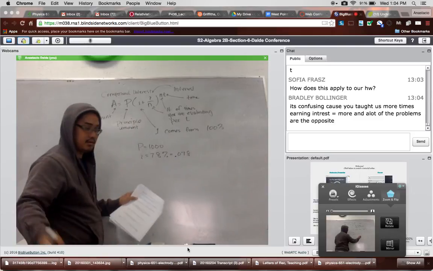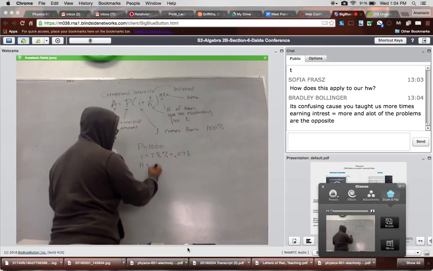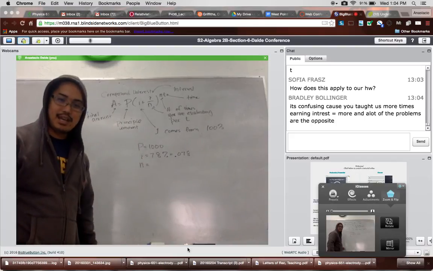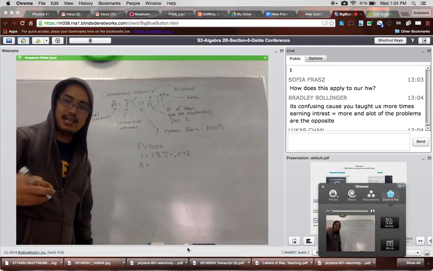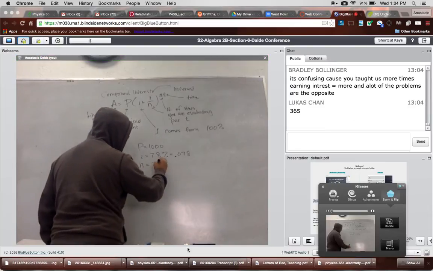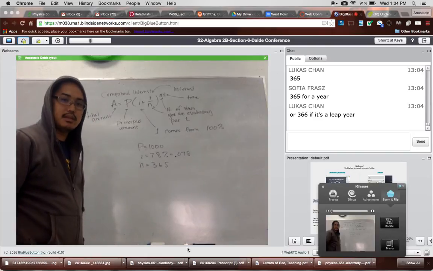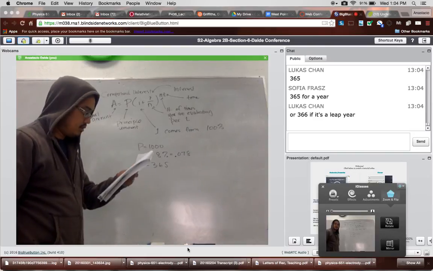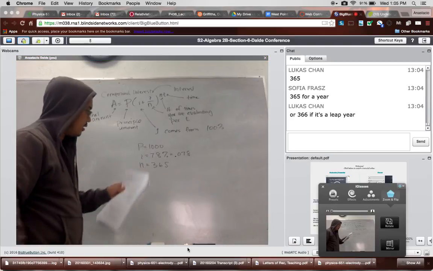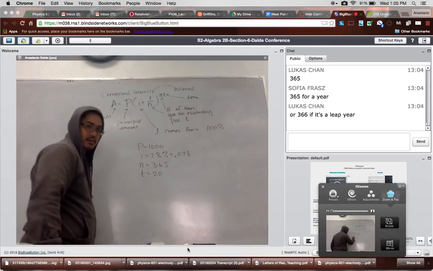And then compounded daily, so n is equal to, what is n if I said it's compounded daily? 365, cool. And it's going to happen over 20 years. So t is equal to 20.